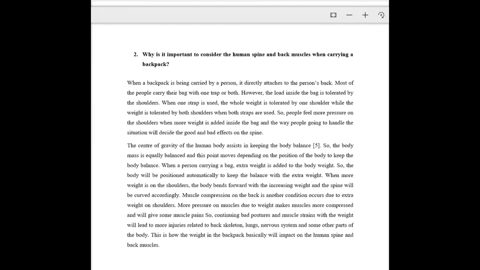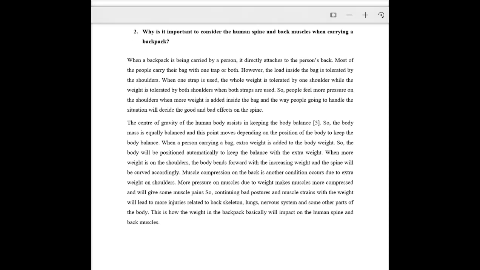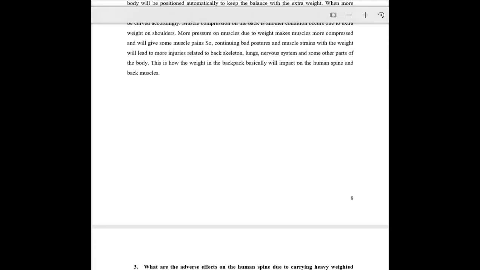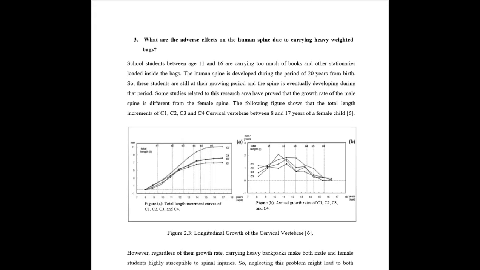This is the topic: Why is it important to consider the human spine and back muscles when carrying a backpack? Actually, this part 3 and part 4 provides information that proves how much heavy school bag has affected school students.